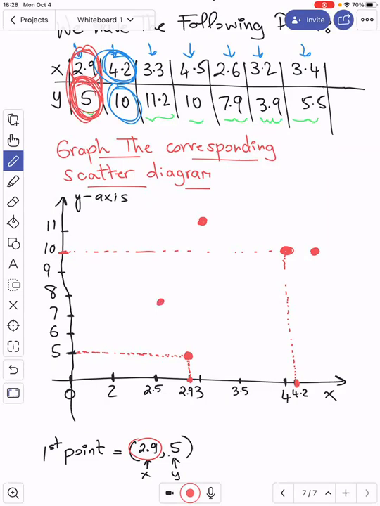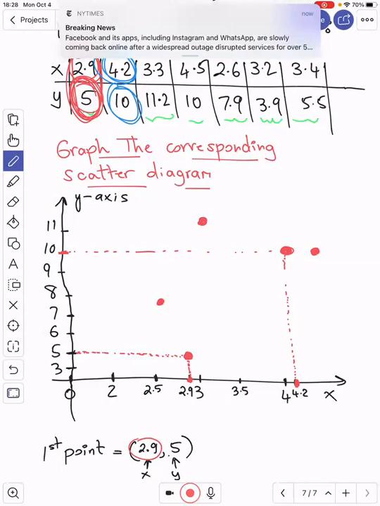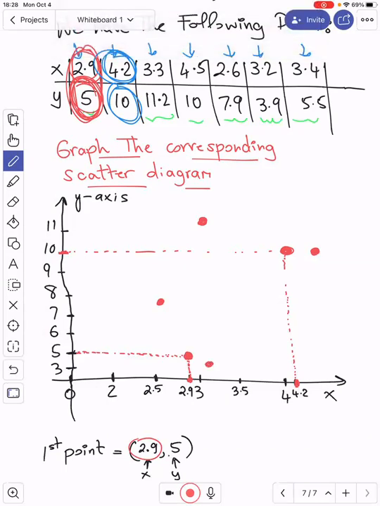Next point is 2.6 and 7.9, so probably somewhere right here. Next point is 3.2 and 3.9, so somewhere right here. And the last point is 3.4 and 5.5, so probably somewhere right here.